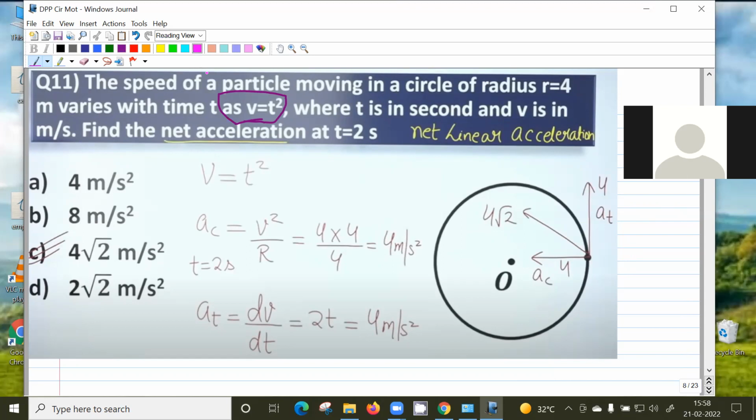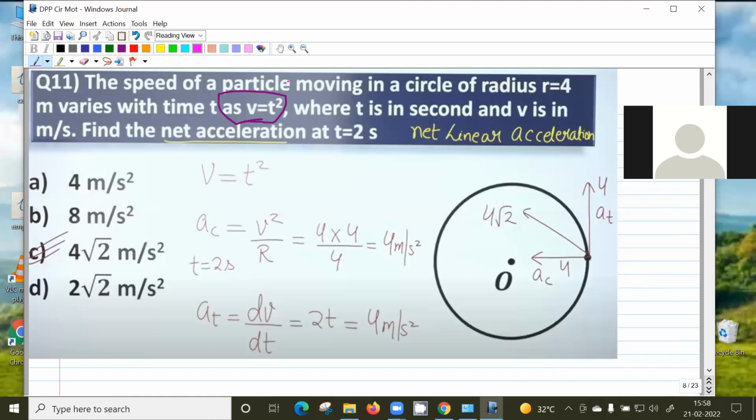What is the answer? One minute, sir. 4√2, right?